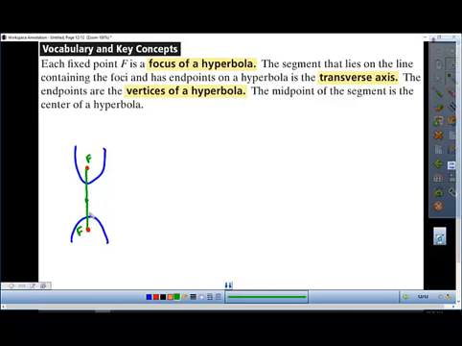and those two distances will be the same. Now, just like with the parabola, remember with the formula for the parabola we used A equals 1 over 4C. That's for a parabola, so this is not the same formula that we use here. Since we're dealing with a hyperbola, there it is.